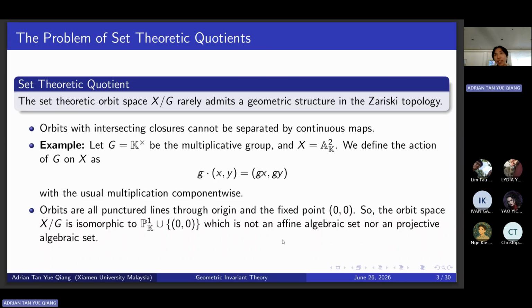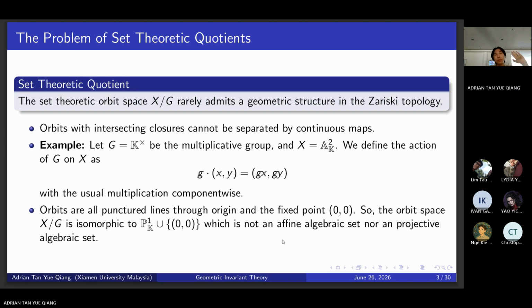So we see that it is identified as a P1, but with the origin there. So you cannot say that it is an affine algebraic set or a projective algebraic set. You lose all the geometric structure. So you cannot just simply take a quotient.